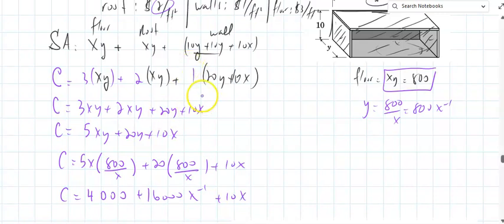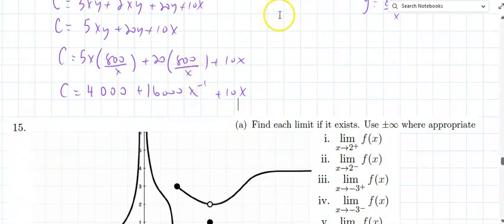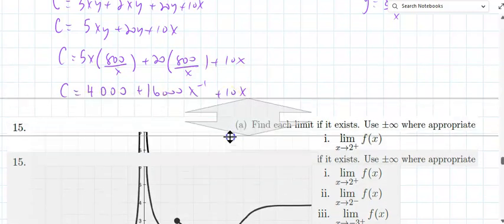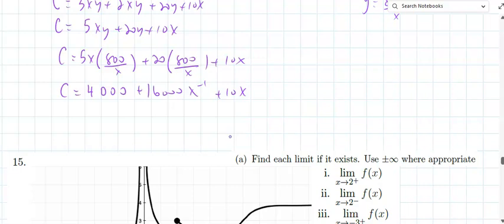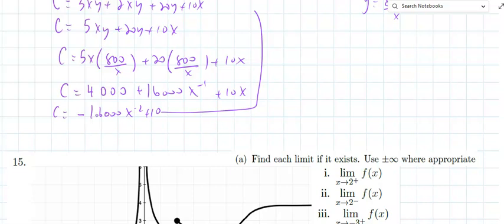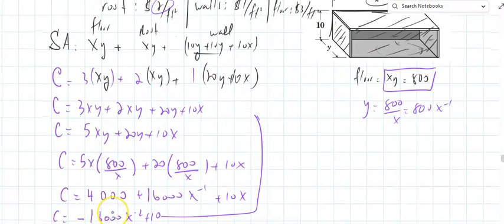And if I take a derivative, the derivative of the cost function would be negative 16,000 x to the negative 2 plus 10. And if I work that out, I'm looking at negative 16,000 over x squared plus 10.